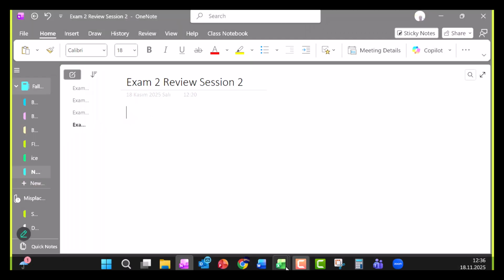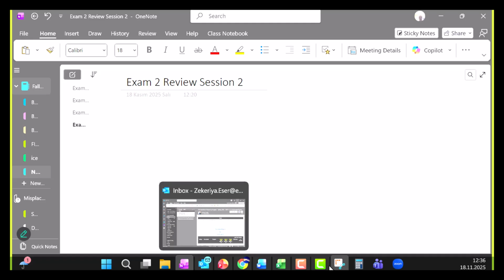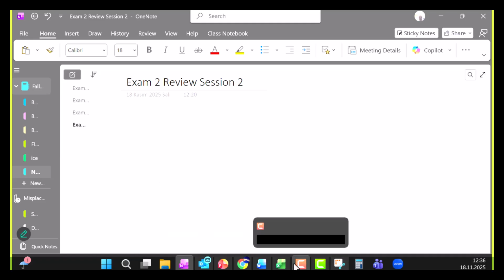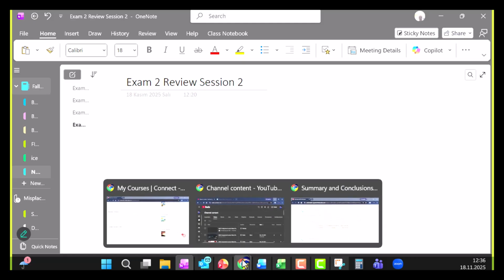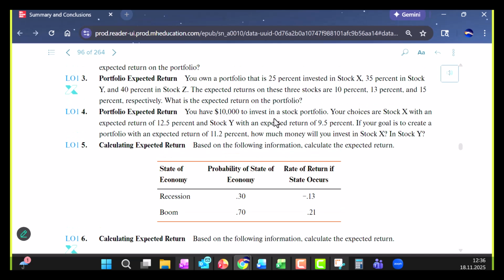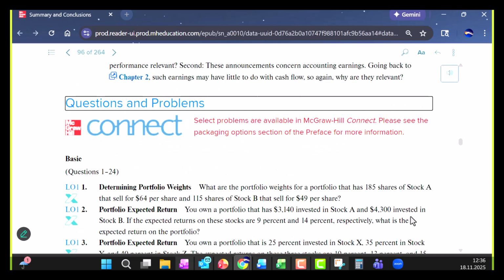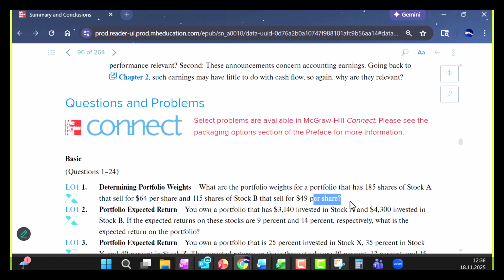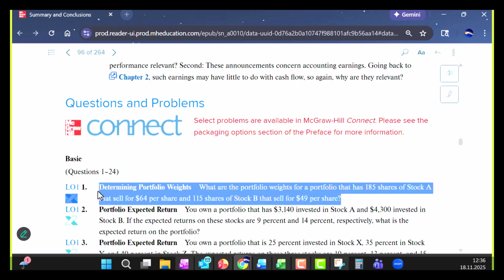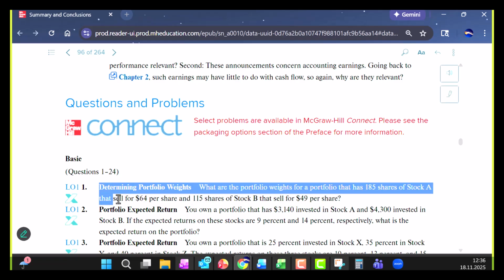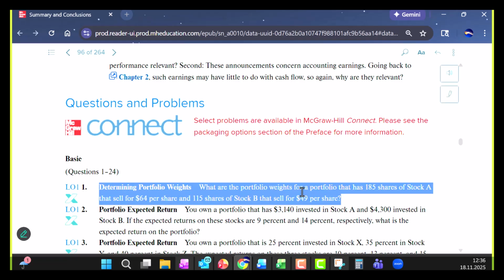All right, let's do some chapter 11 problems. Since I did quite a bit of them from this version, I'm going to use another version to do problems. Let's start with some basic stuff. Let me see if this version of the book allows me to copy paste the text.